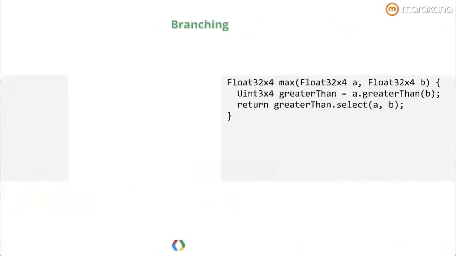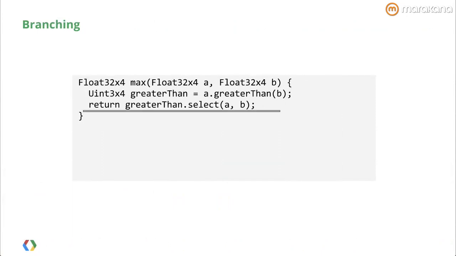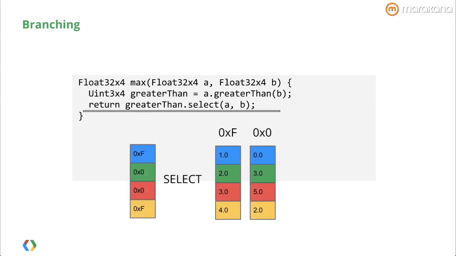Which then brings us to the next line of the program, which is select, where we take that mask, that F, 0, F, 0 mask, and we select between A and B. And what that ends up looking like is we say, okay, take the vector on the left and select the lanes from the column with F on it if the lane has F in it on the left.